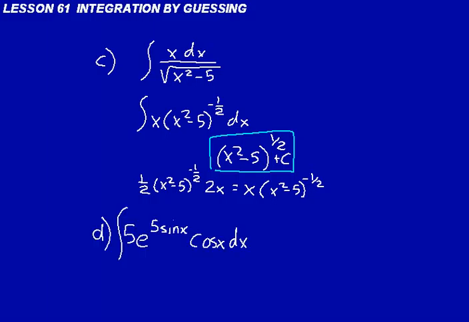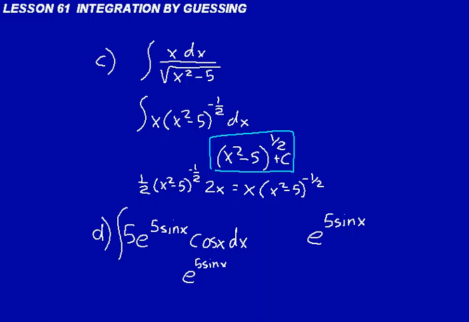Let's go ahead and do one more. Find the integral of 5e to the 5 sine x times cosine x dx. Well, a good guess on this one, since it's an exponential function there, would just be to guess e to the 5 sine x for the integral. Take the derivative of that, and we would have e to the 5 sine x.